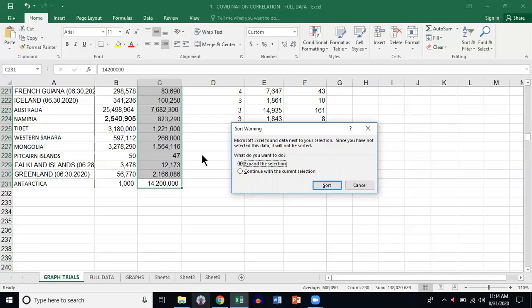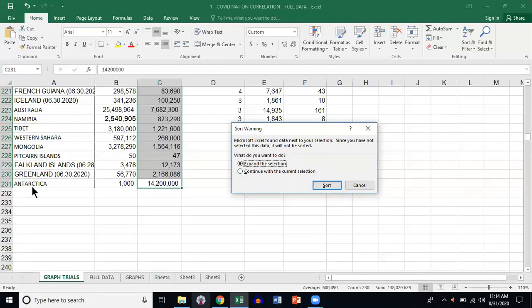All right. If we click on the other option here, it says continue with the current selection. This means that the selection will not be expanded. In other words, these numbers will be ranked independently, and this will create chaos, depending on the data that we're analyzing. In this particular case, it will create chaos because now this 14 million will no longer be anchored to Antarctica.